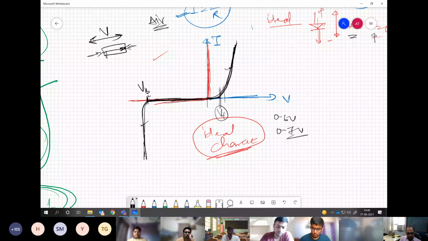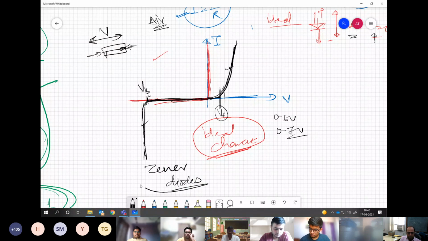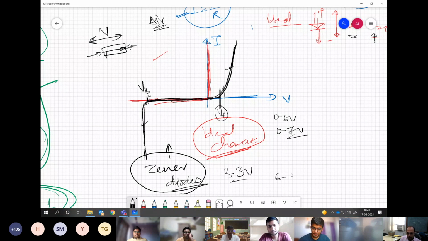So the breakdown property we exploit in the diodes called Zener diodes, where we intentionally keep this value low. So sometimes maybe 3.3 volts, or 6.6 volts or something like that. We make it so that it breaks down at 3.3.